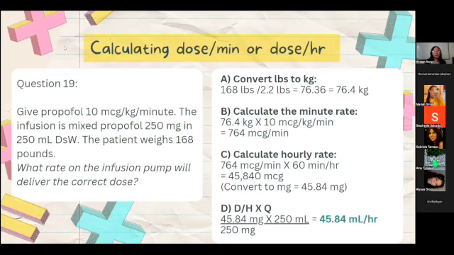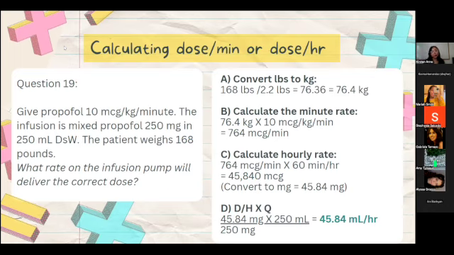So we do 76.4 kilograms times 10 micrograms, which is going to be 764 micrograms per minute. Now we're going to calculate the hourly rate, so we're just going to do that times 60. Now we have 840 micrograms.